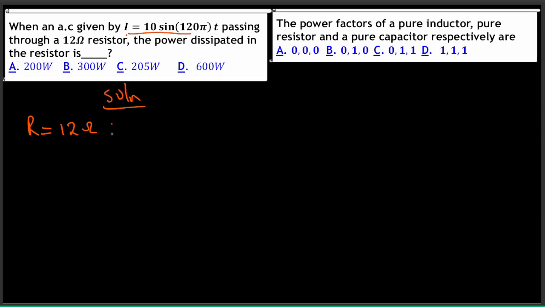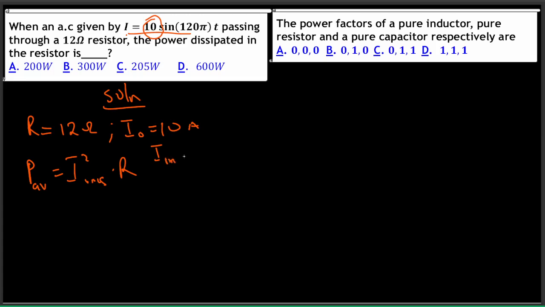Now I can see from the equation that the peak value of the current is 10 amperes. Now I know that average power is equal to I squared R.